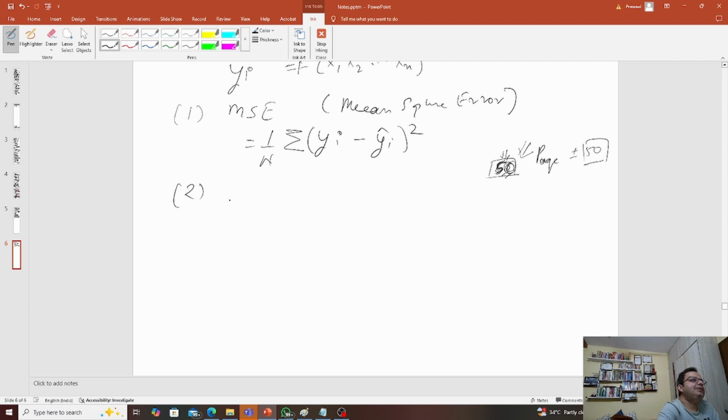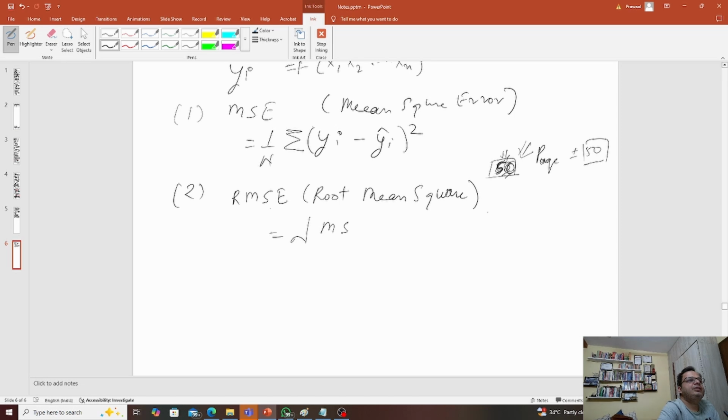In that case, what we do is we use root mean square error. This metric means that we are trying to put the final metric on the same scale as your actual values.